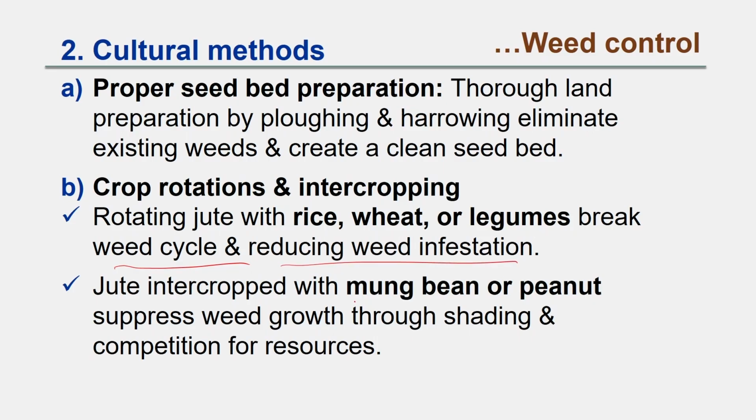Jute intercropped with mung bean or peanut suppresses weed growth through shading and competition for resources. So intercropping of these leguminous crops in jute acts as a smothering crop. So it suppresses the weeds. Therefore, one can get additional yield from the legumes, and also the weed suppression will be there.